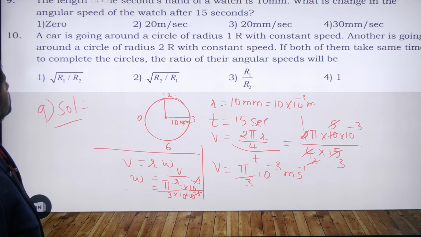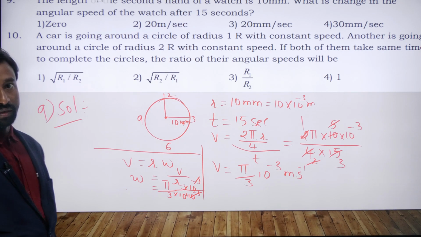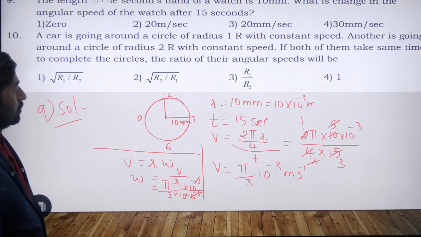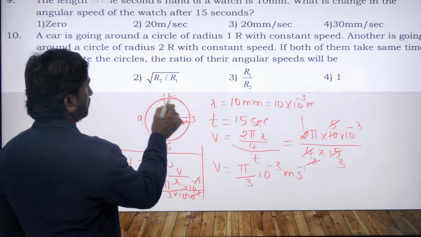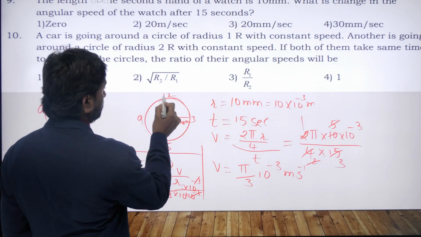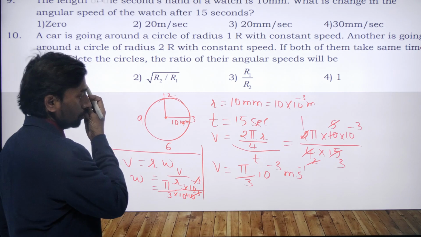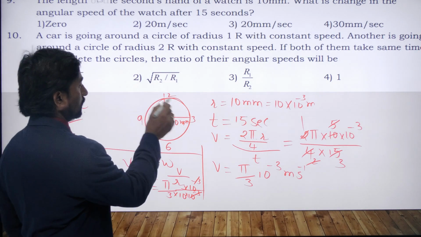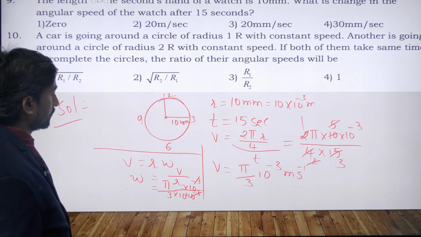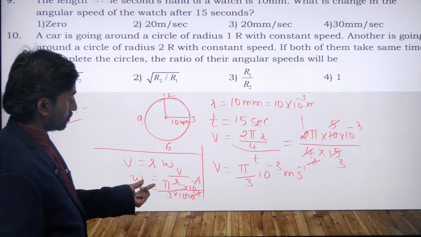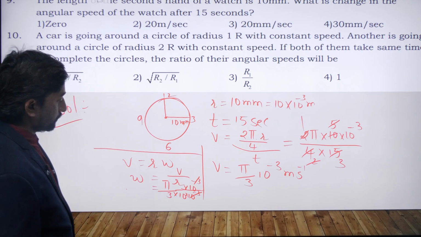So change in angular speed they ask there. Change in angular speed means, from 12 to 15 seconds, it will be like this, no? From here to here it will come, that means 12 to 3. Okay. So we'll get omega is equals to 5 by 3 into 10.